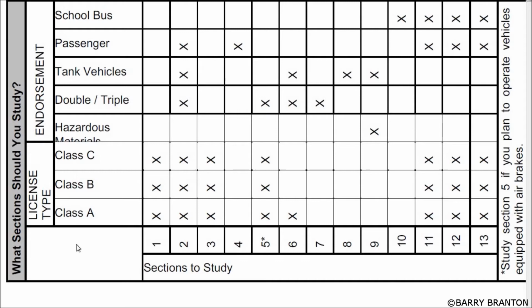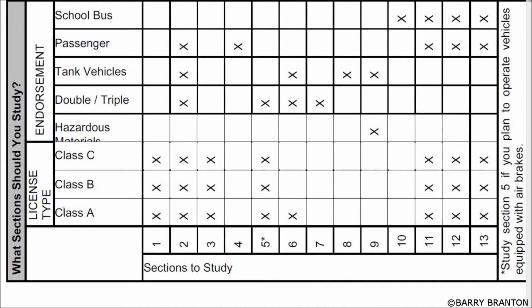So we have a Class A, B, and C. Here we see the top is license Class C, underneath that is license Class B, and underneath that is license Class A. So I believe license Class A is the best, followed by license Class B and then license Class C. So underneath this X we see the sections to study.